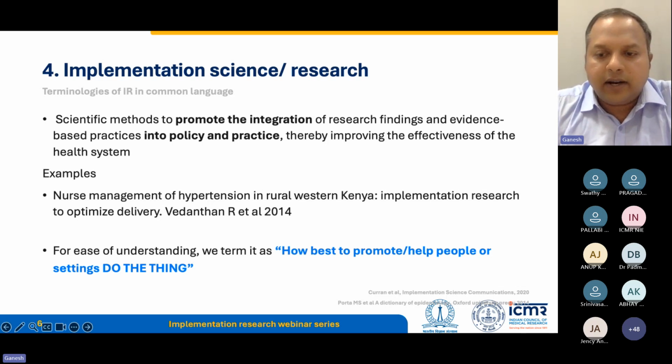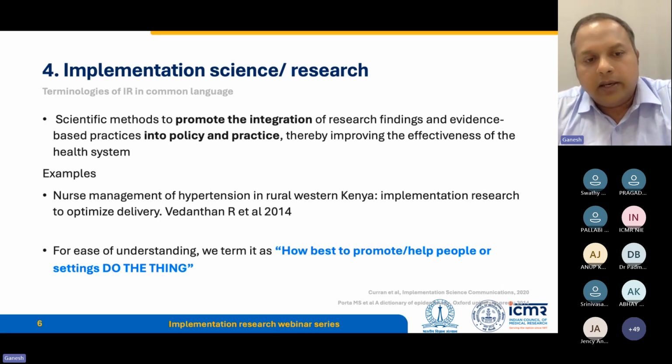So for ease of understanding, we term it as how best to promote or help people or settings do the thing. The thing is hypertension management, but how best we are doing it is through nurse management.